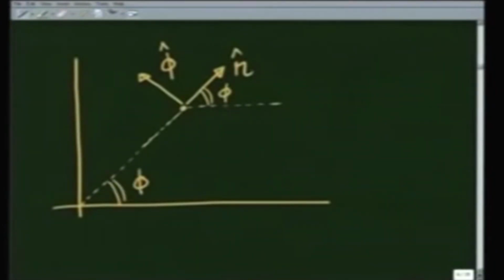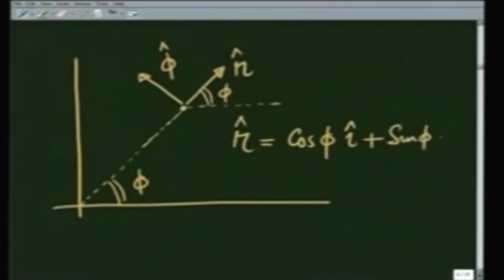You can already see that r unit vector is equal to cosine of phi unit vector i plus sine of phi unit vector j. Since cosine square phi plus sine square phi is 1, the magnitude of unit vector is obviously 1.